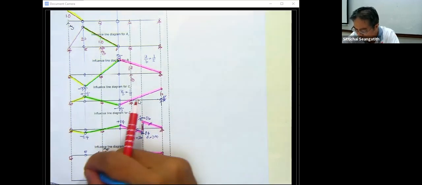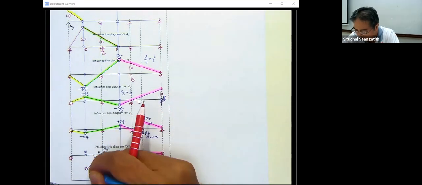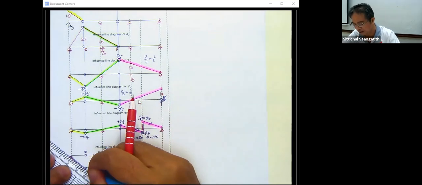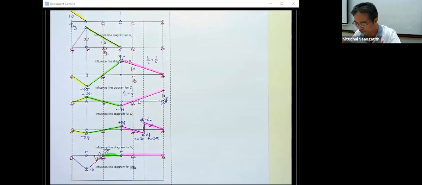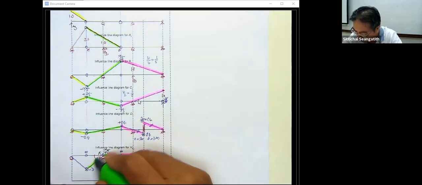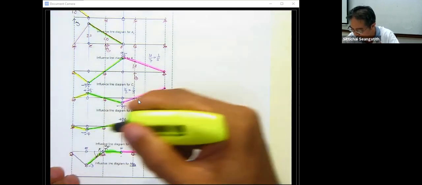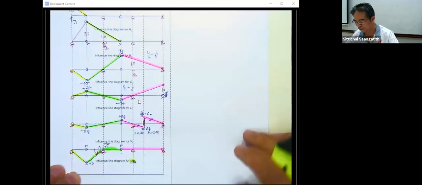Since this one is 3 meter, this one is going to be -3. And we have the influence line of this one like this. This is going to be the influence line of M sub B.